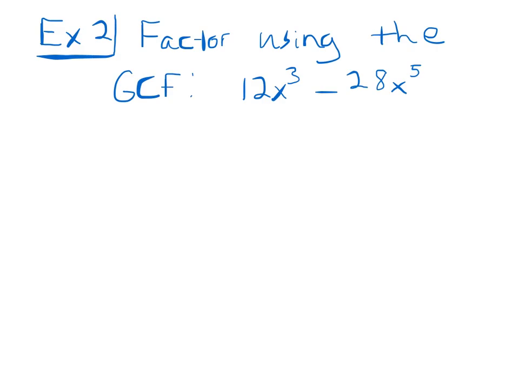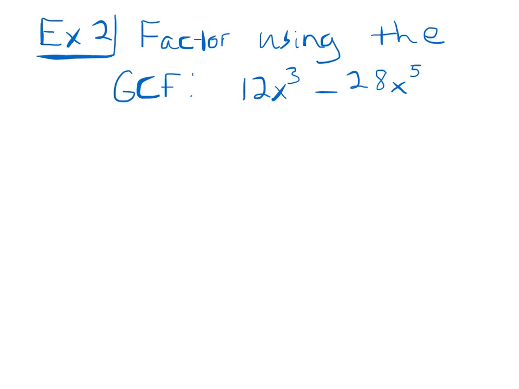Okay, let's do example 2. I'll give you a second to get this down. Again, make sure you write the instructions as well. Okay, let's get started. I'm going to actually make a mistake on this, and I want to show you what can happen if you do make this mistake. So the first step that I need to do is find the GCF of the numbers.